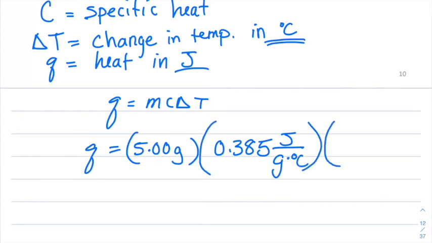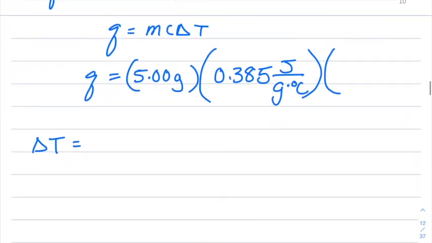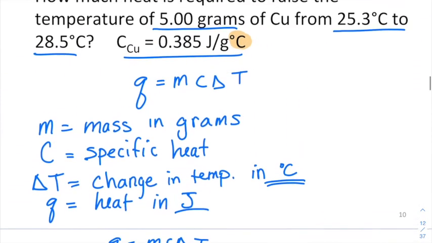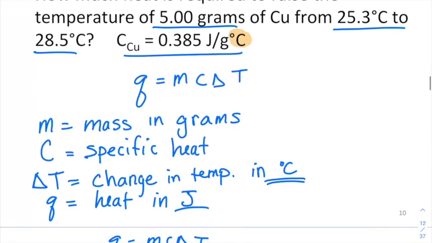And we need to talk about that change in temperature a little bit more. So the change in temperature is always going to be T final, or the final temperature, minus T initial, the initial temperature. All right, so let's grab those. So T final is 28.5, and T initial will be 25.3. The reason I know those is because it says it's from 25.3, therefore that's the initial.